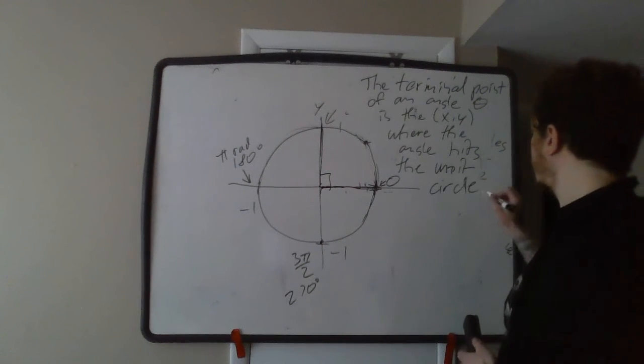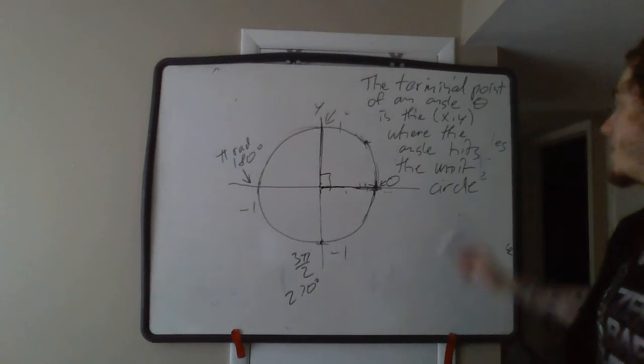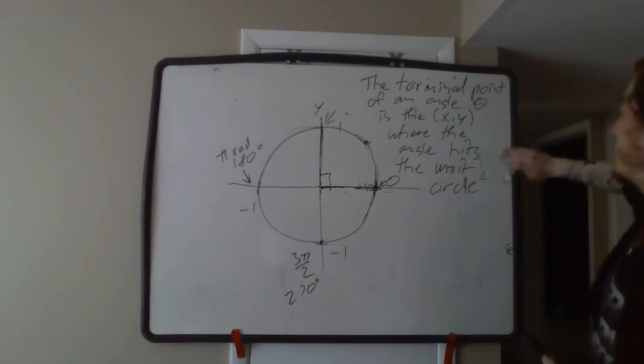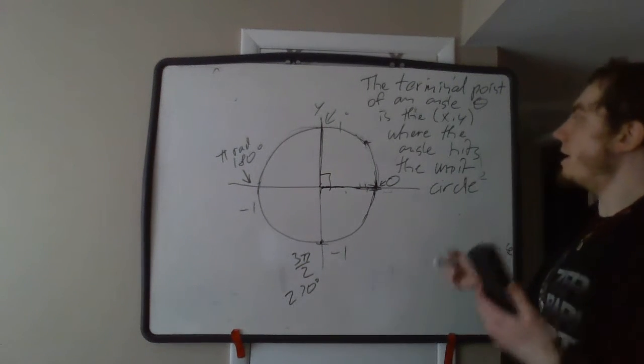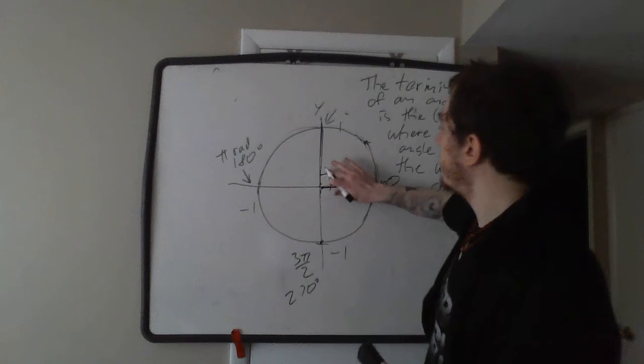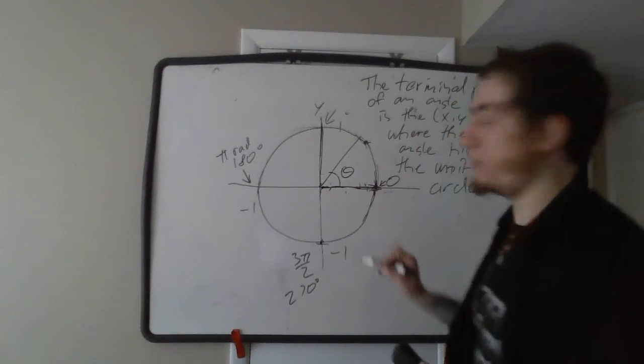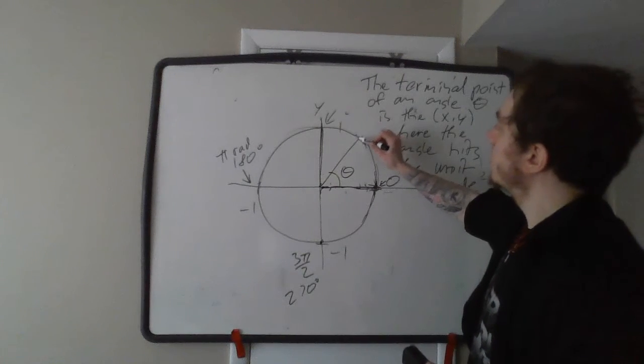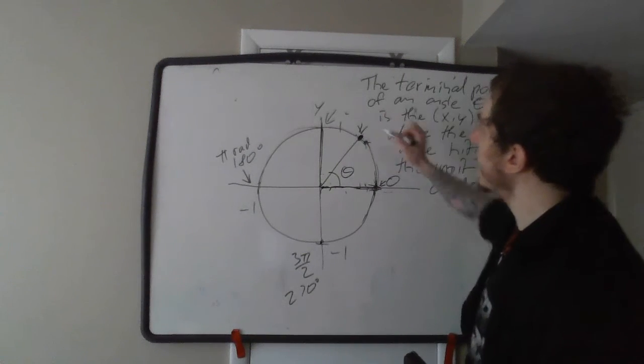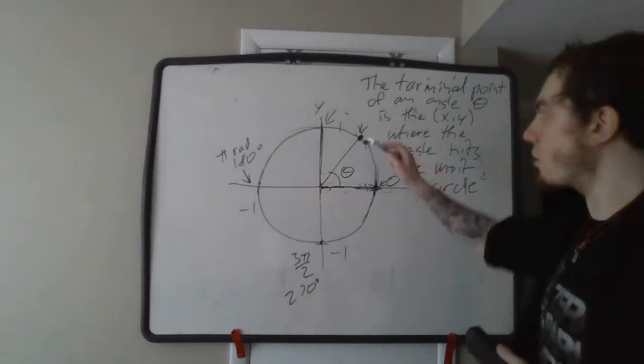Sorry, this board is a bit small, so I'm having a little trouble fitting everything in here, but hopefully that's a little bit legible. So, in other words, if I have some angle theta, so here's my angle theta, the terminal point would be right here, this thing that I've placed the arrow pointing towards.